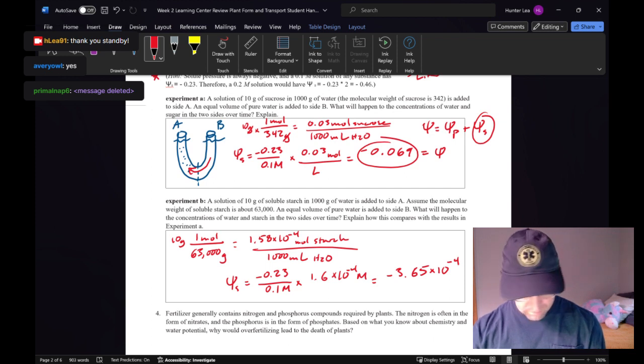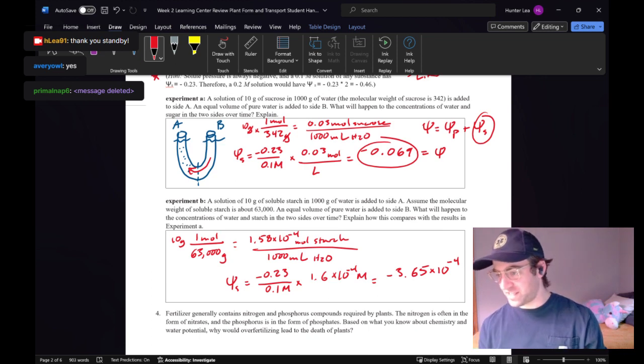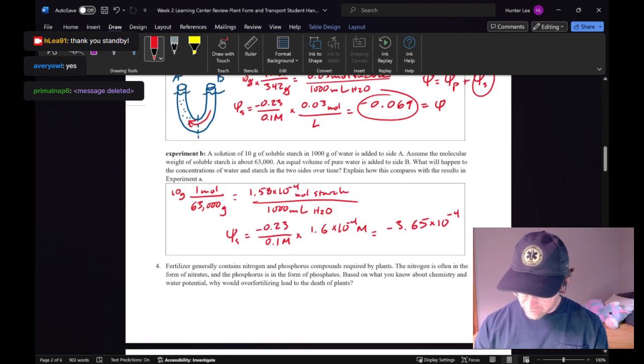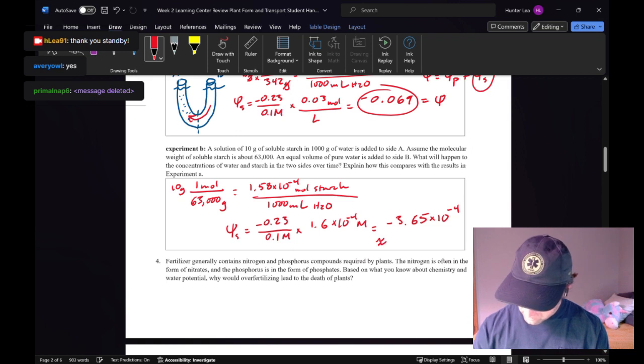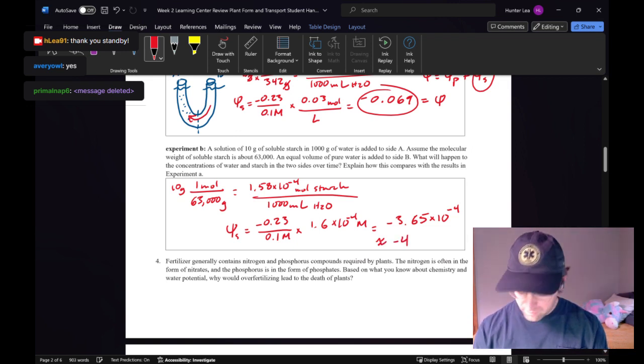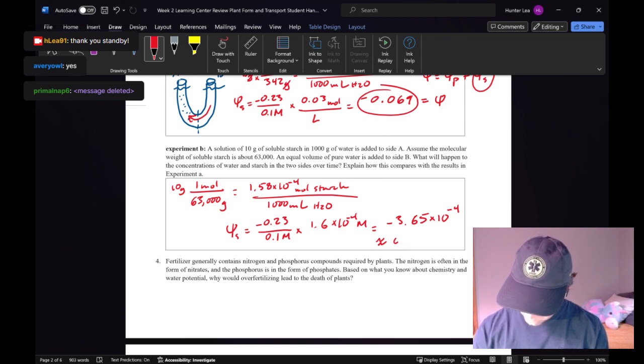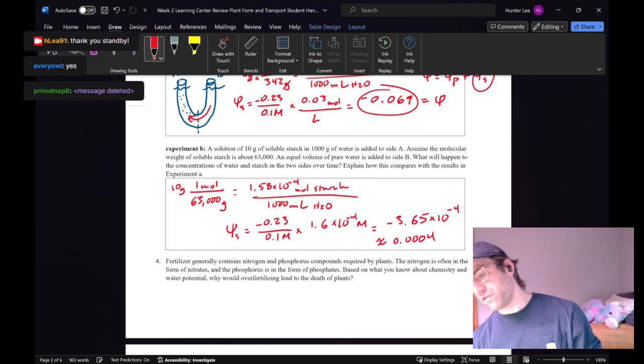Yes, approximately. Yeah, it's fine. I'm being more precise than I need to be. So the answer key rounds this out to 0.0004.